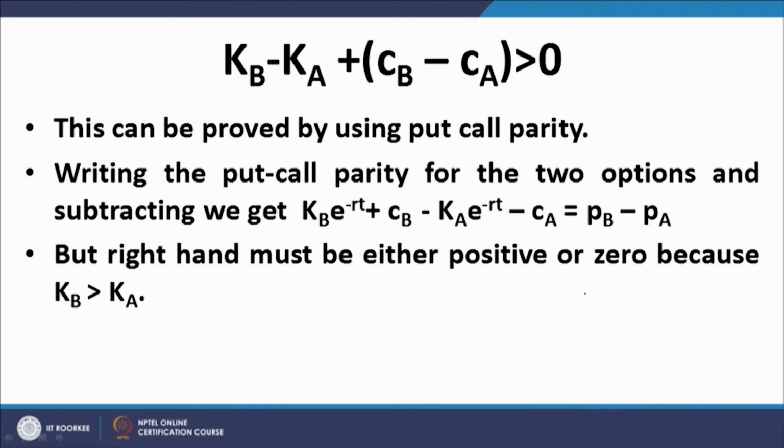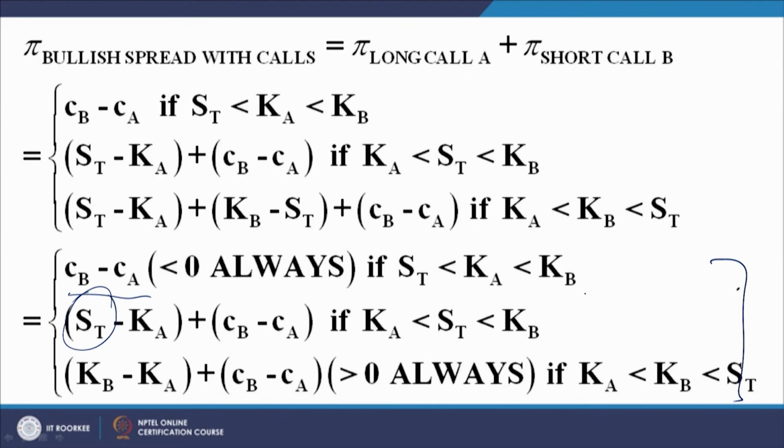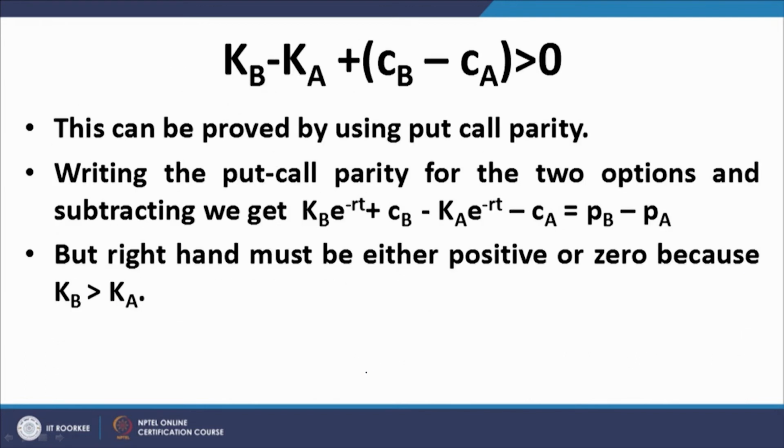stock price. Let us look at the sign of this K B minus K A plus C B minus C A, that is this expression, this part. I have written here that it is greater than 0. Let us establish this fact. This can be easily established by writing down the put call parity relationship for the two options and then subtracting them.